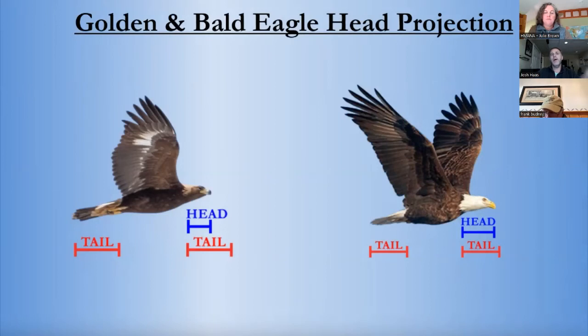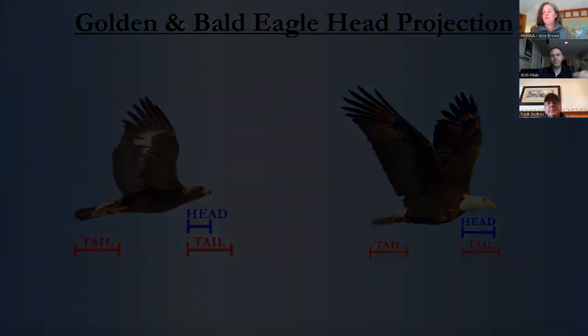So here's a good view of the head projection that we're talking about. The head projection on a bald eagle is going to go farther than that of a golden eagle. Overall, really what that means is just the head looks bigger, especially as we compare it to the length of the tail. So let's take a look at these guys side by side and try to pull out some of those tips that we just talked through.